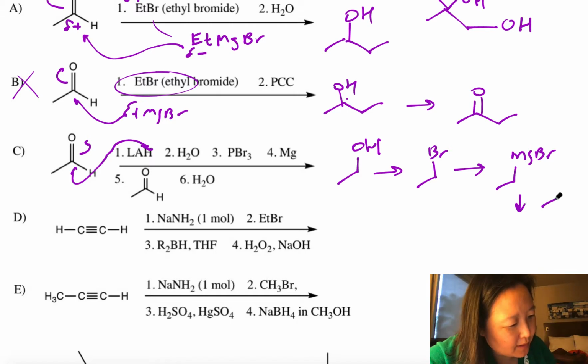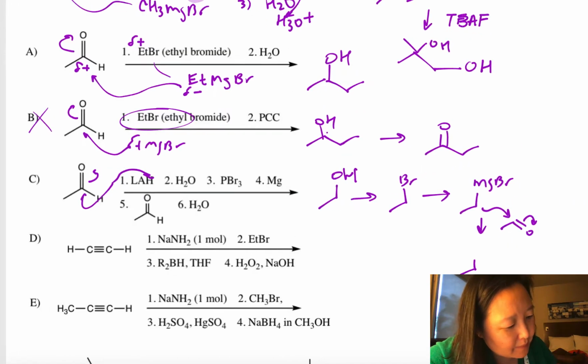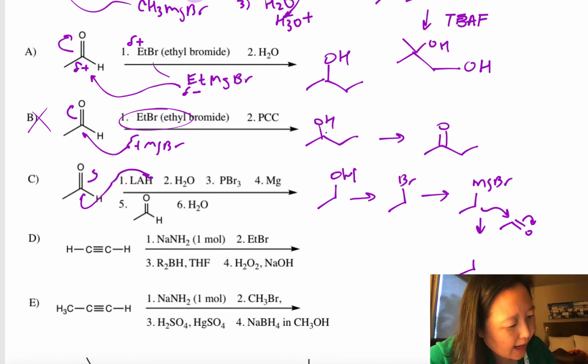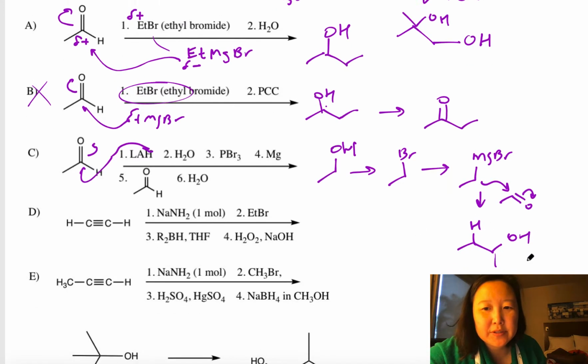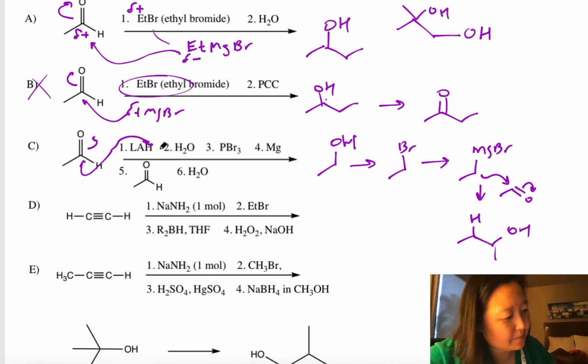Reaction 4 will allow me to attack for acetaldehyde, and then I will get MgBr. Mg comes off then, and I end up with OH like that. And the water workup will make this neutral. So this actually does work.